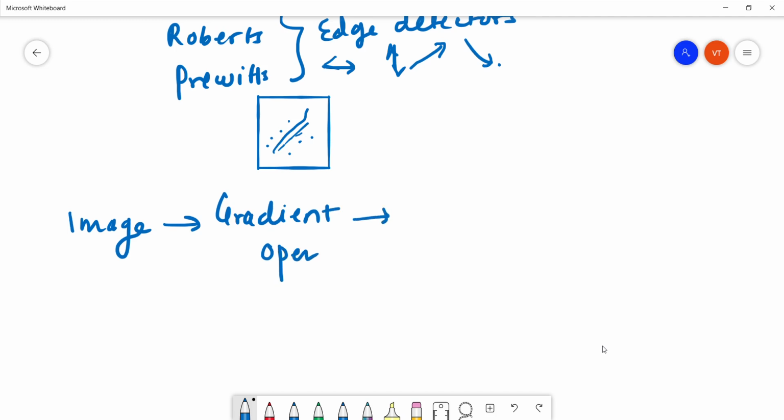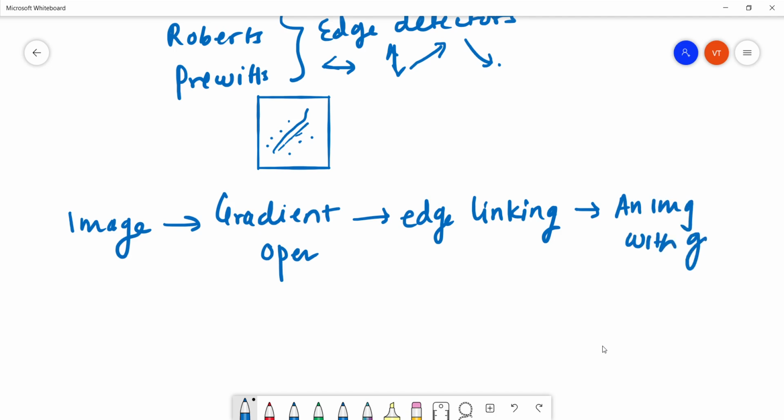It's a first order derivative filter, which we have already seen. So it will detect the edge, then it is given to edge linking algorithms. What is the output of edge linking algorithms? We'll get an image with good edges. So how to do this? We are going to talk about this part now.